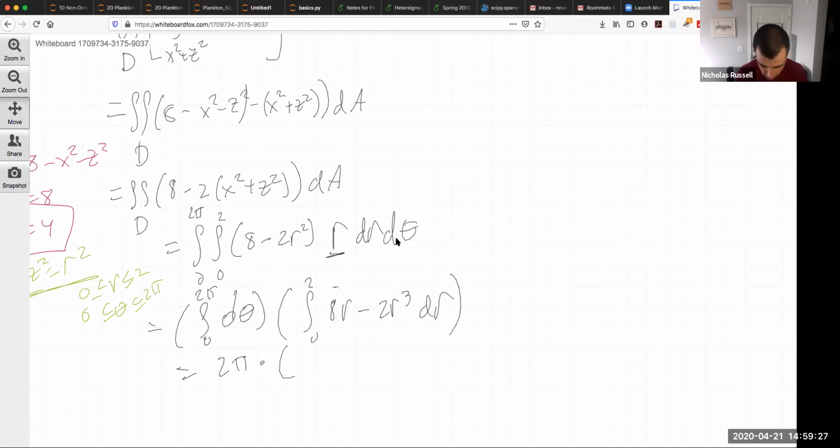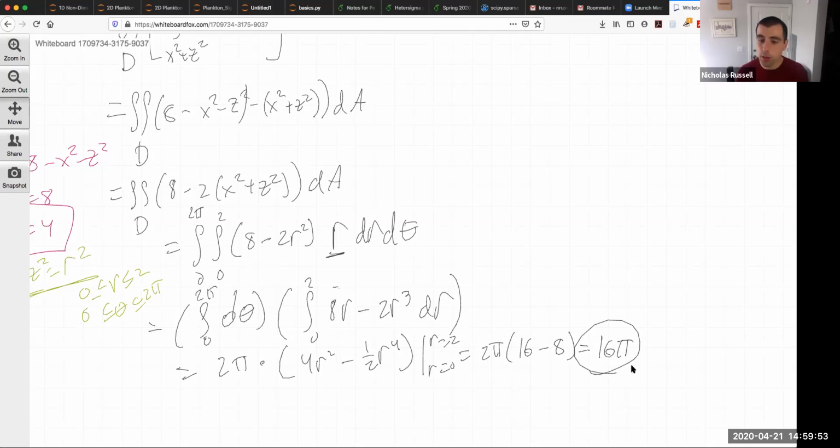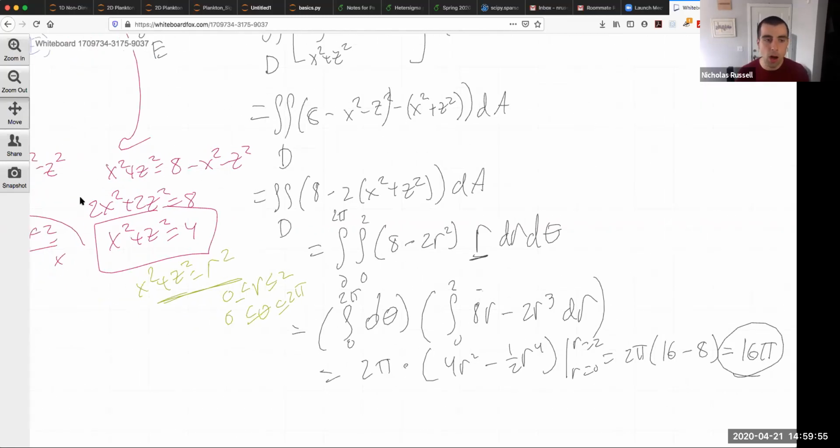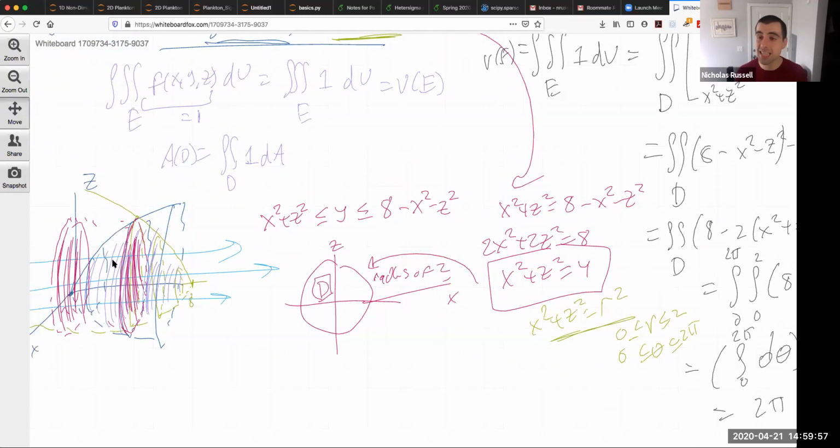This one here would become 4r squared minus 1/2 r to the fourth between r equals 0 and r equals 2. R equals 0 is not going to matter, because 0 and 0 go away. If I plug in the 2 here, this becomes 2 pi times 16 minus 8, which is equal to 16 pi. And so therefore, this means that the volume of this object here is 16 pi.